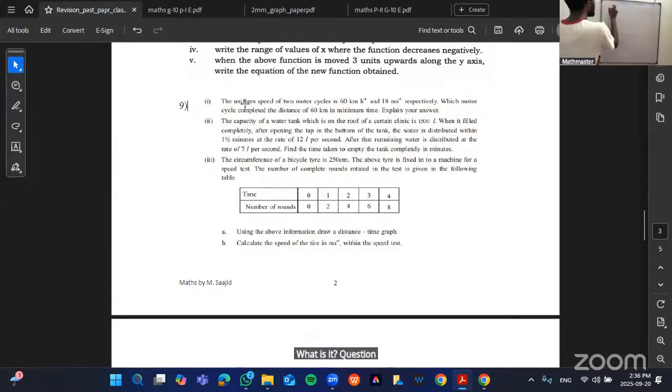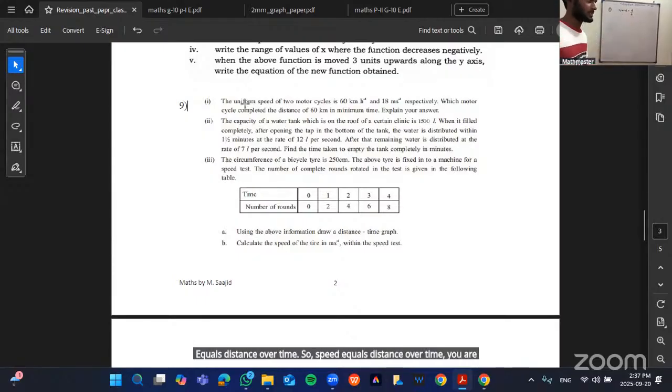Question number 9. We know the rate equation. Speed equals distance over time. You are studying this in maths, but in science you have learned this a bit differently.